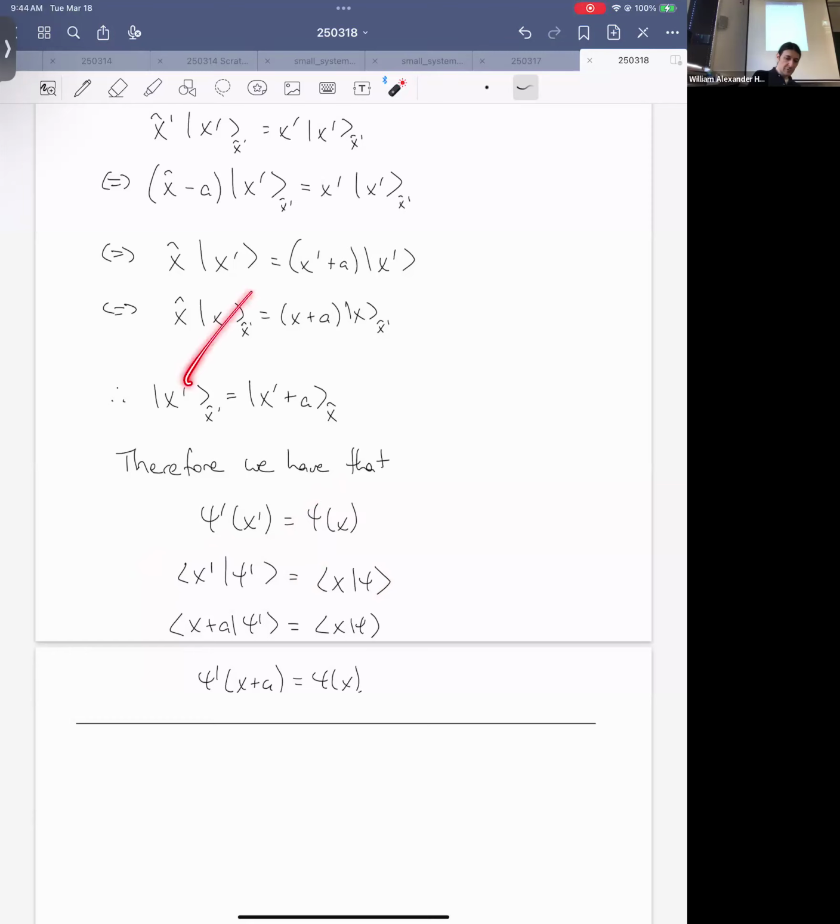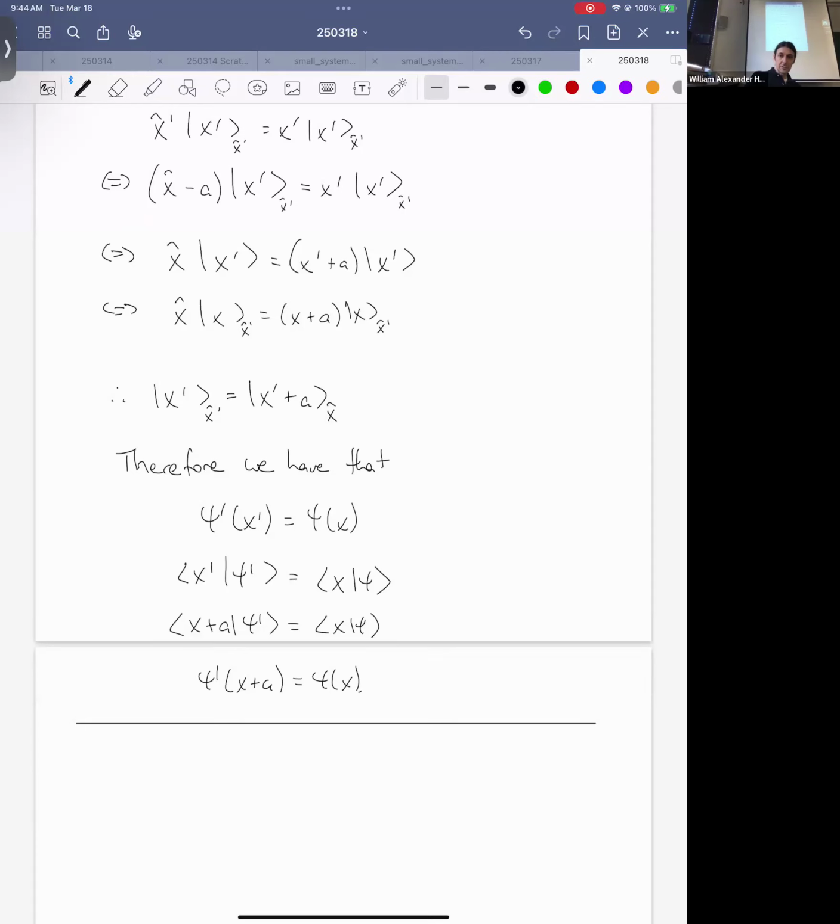And what I managed to not explain well is to convince all of us that this x prime bra is really the x plus a bra. And that then tells us that this is the psi prime of x plus a, and the right-hand side is psi of x. Okay, good. And we'll see this again in the time evolution, and hopefully in a way that is more clear.